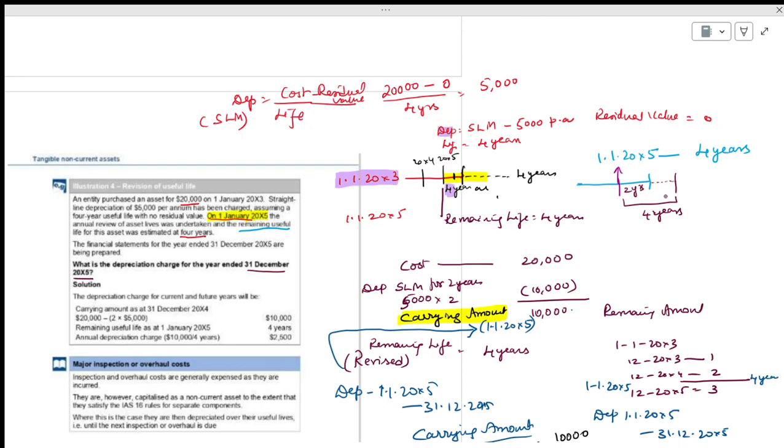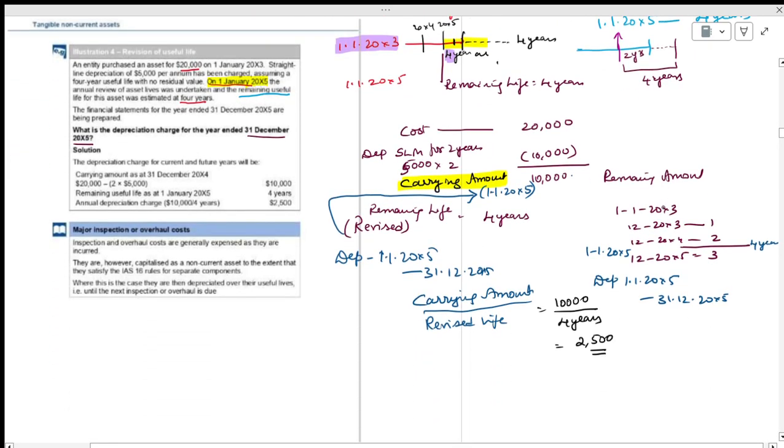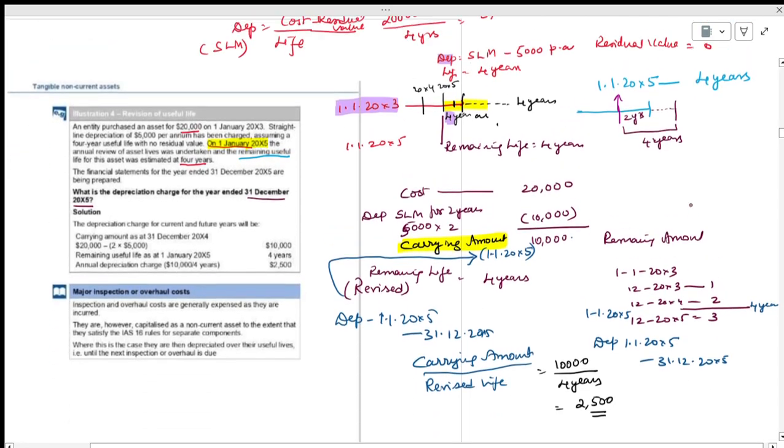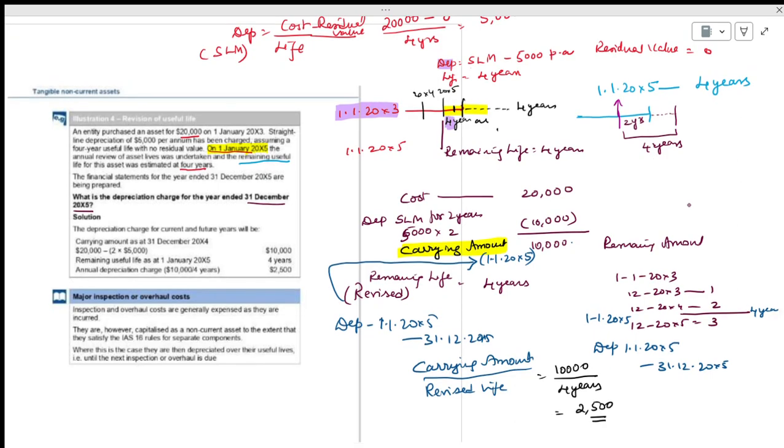Now when we are changing the life of the asset, we also have to change the amount of depreciation. First we have calculated this amount. This is the initial measurement in the beginning, for how many years?